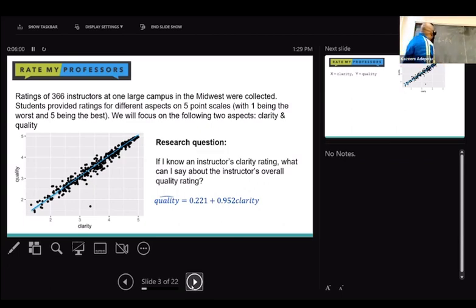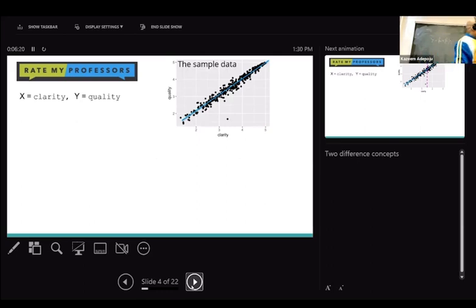So there's always going to be a cap on the response variable. If you don't put a cap on Y, that's wrong. Please take notes. Don't forget, I said let X represent clarity, Y represent quality.